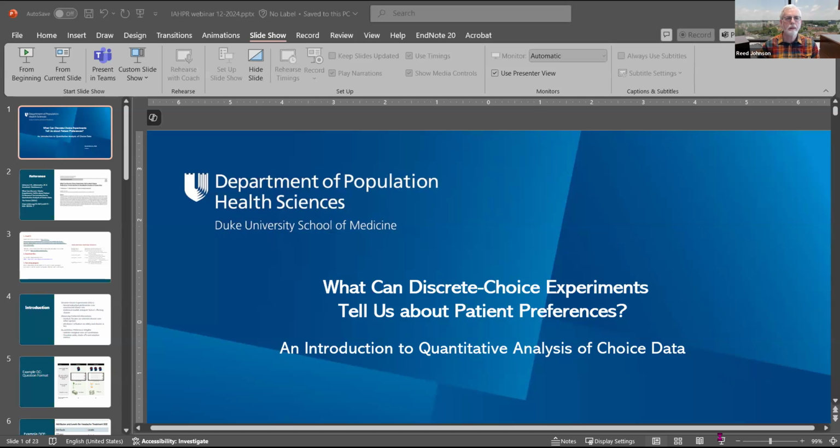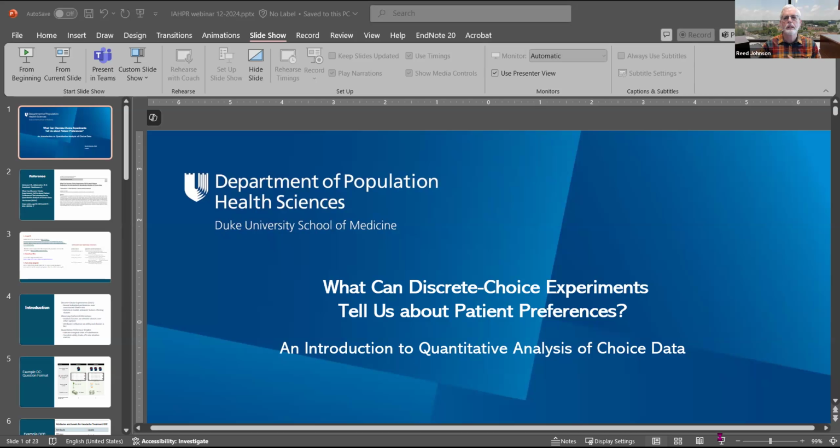I'm not going to spend any time on this. You can look up the article and download the materials, but just to emphasize that everything I show you today, you can reproduce yourself with the supplementary materials in the article.